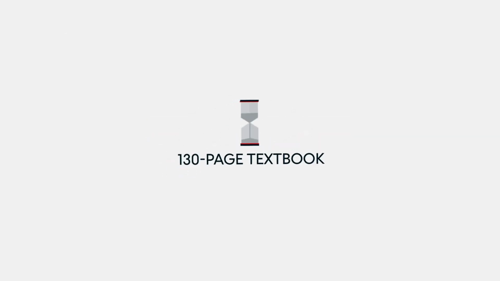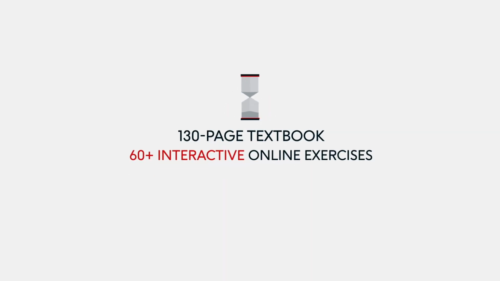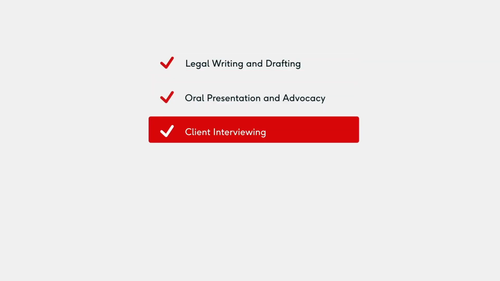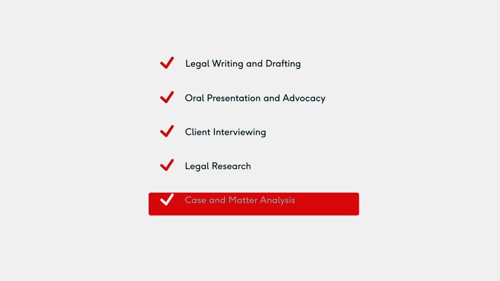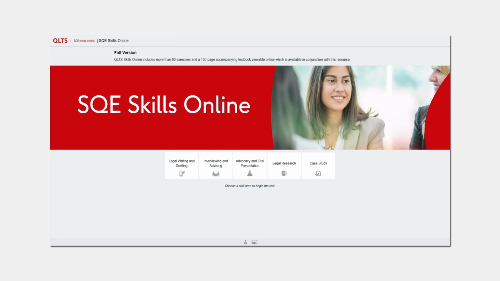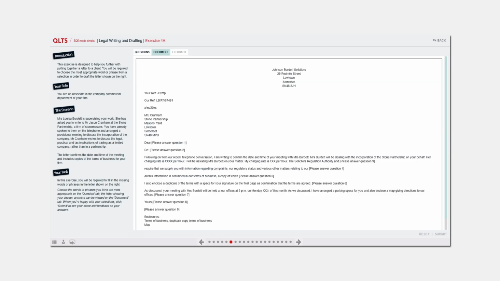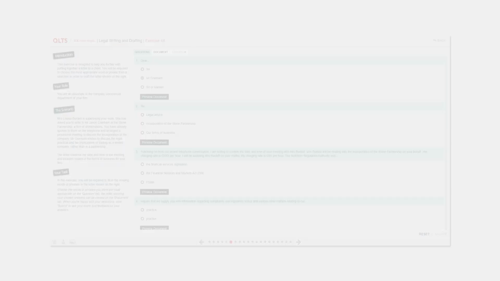A 130-page textbook plus 60-plus interactive online exercises covering legal writing and drafting, oral presentation and advocacy, client interviewing, legal research, case and matter analysis. This innovative platform offers hands-on skills training with video-audio examples and feedback to simulate real-life legal practice.